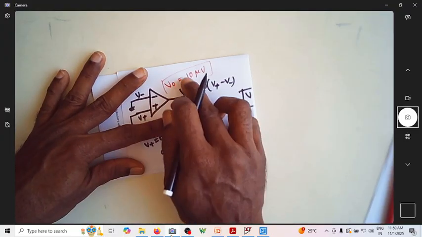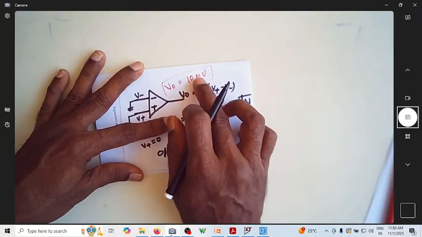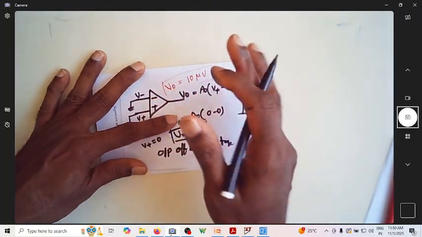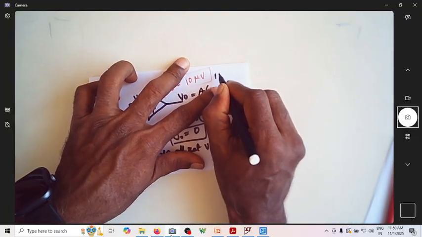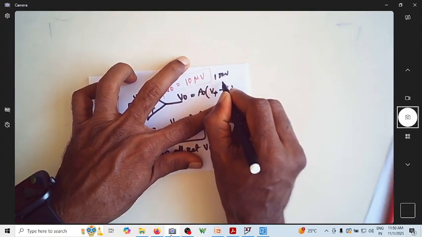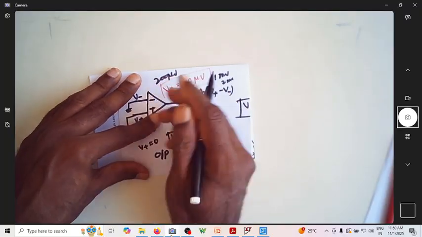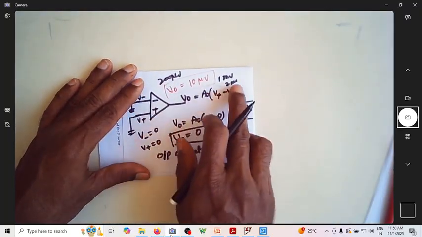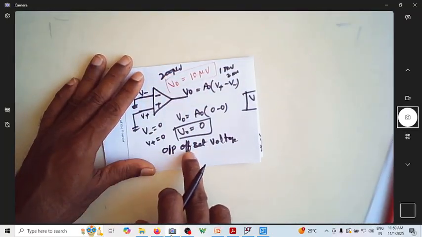It is in terms of very small voltages, maybe 100 microvolt or 500 microvolt, a few millivolts. It may be 1 millivolt, 2 millivolt, or 200 microvolt. It cannot be in terms of volts.